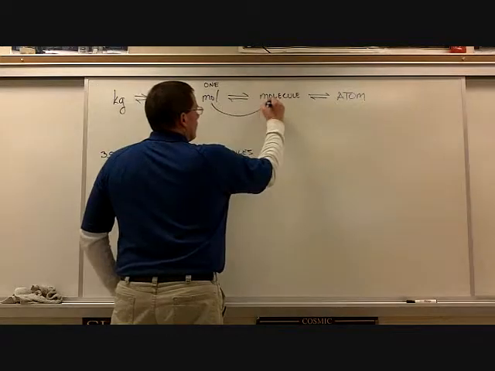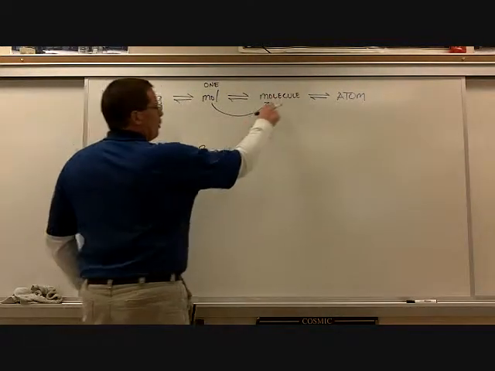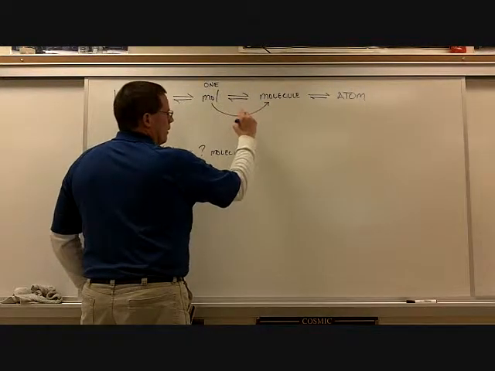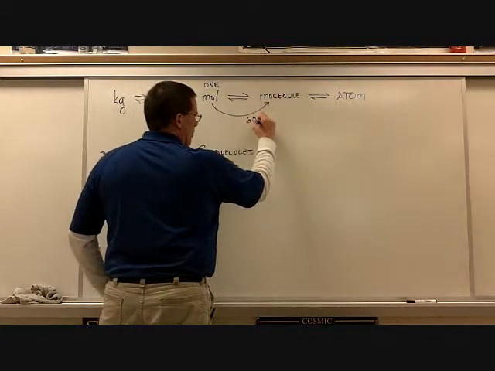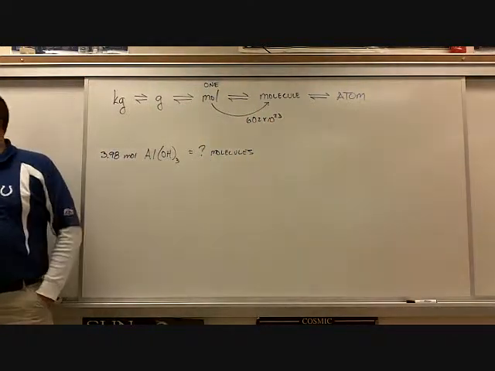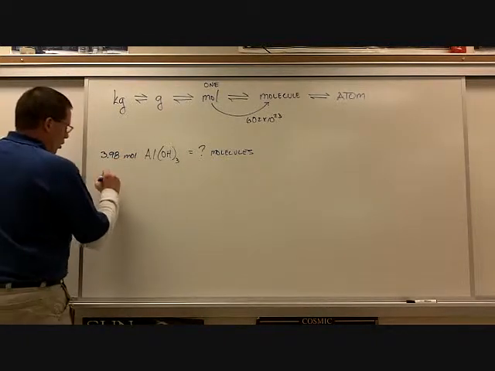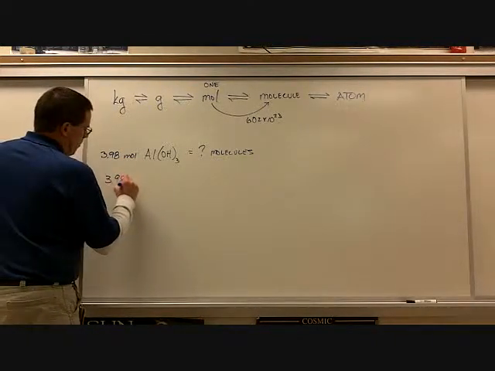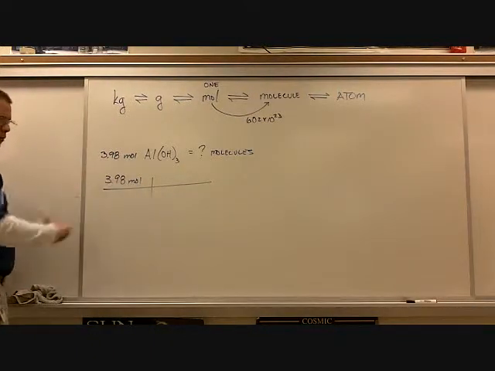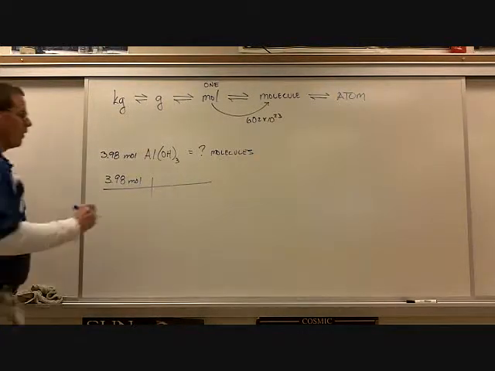Also, when we convert between moles to molecules, how many molecules are in a mole? That number I taught you. Good. 6.02 times 10 to the 23. Your Avogadro's number. So if I start off with what I know, 3.98 moles, and I want to know how many molecules, what unit moves diagonally here? Mole, because we want to cancel that out.